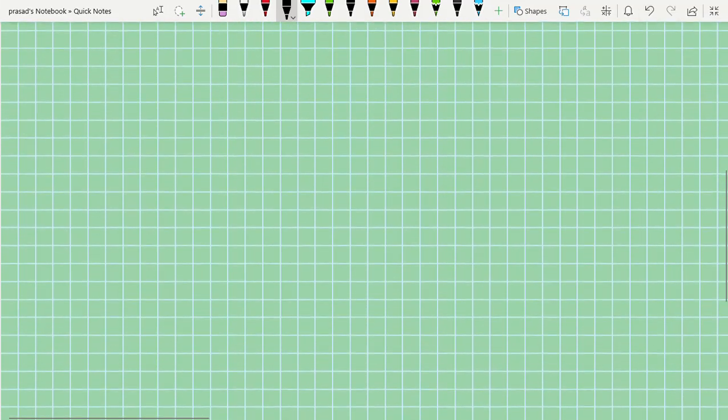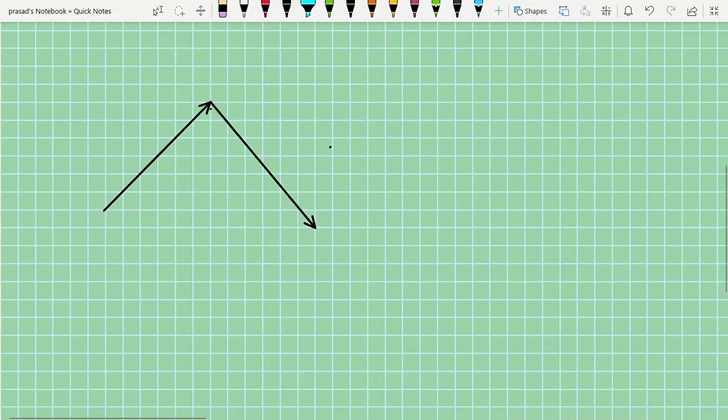Now, how will you add two vectors? Obviously, because vectors have magnitude as well as direction, I can't just add them algebraically. So here we are going to use something called the triangle law of vector addition. Suppose these are two vectors.